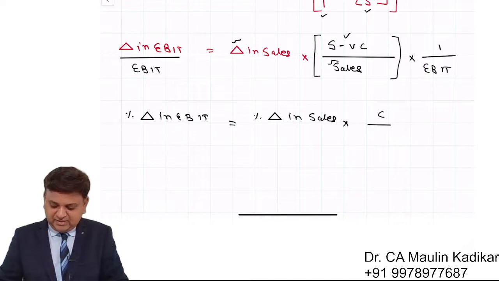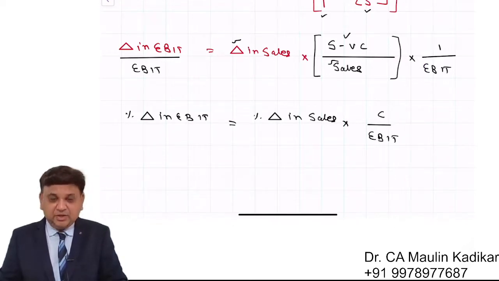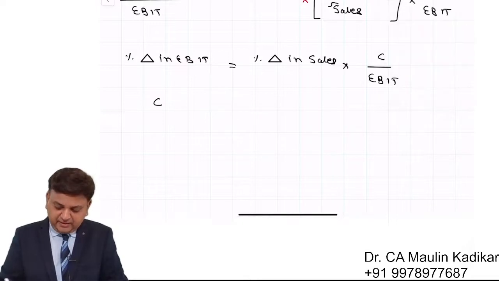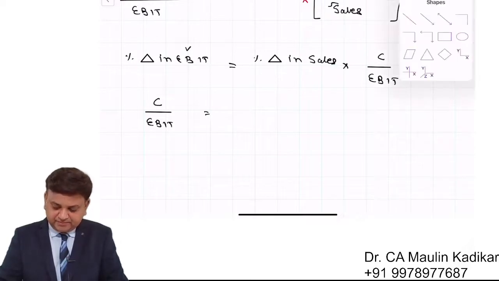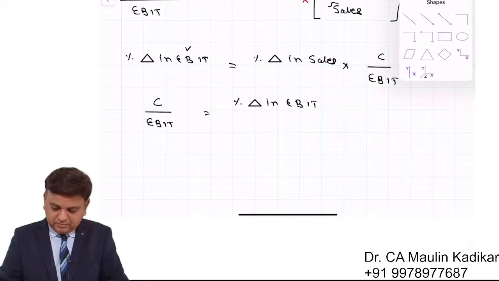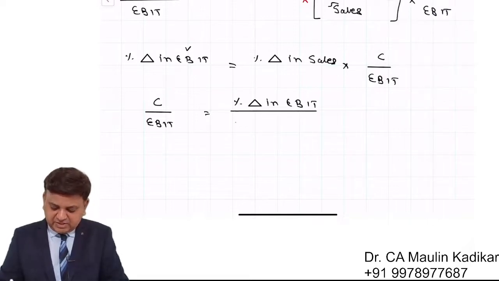upon EBIT. Now we are on the verge of completion. So contribution upon EBIT is equal to, this is kept as it is, percentage change in EBIT upon percentage change in sales.